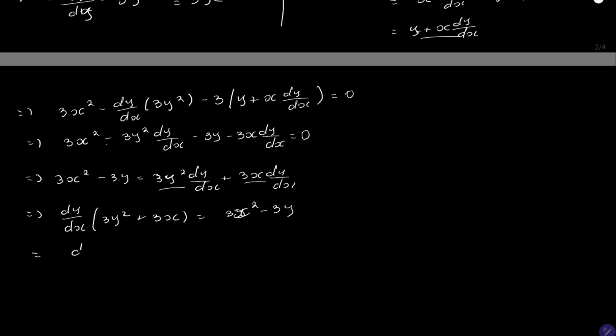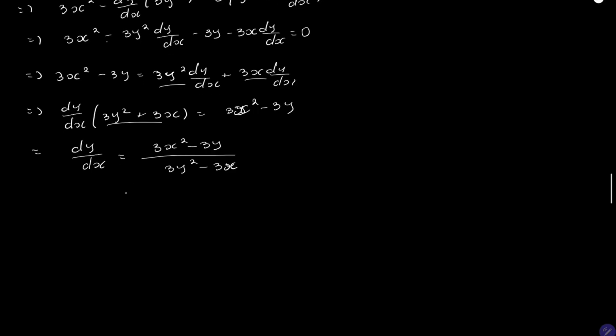We can then find dy on dx by dividing all through by this term, leaving us with 3x squared minus 3y on 3y squared minus 3x. Now 3 is common, so we can factorize out 3, right?